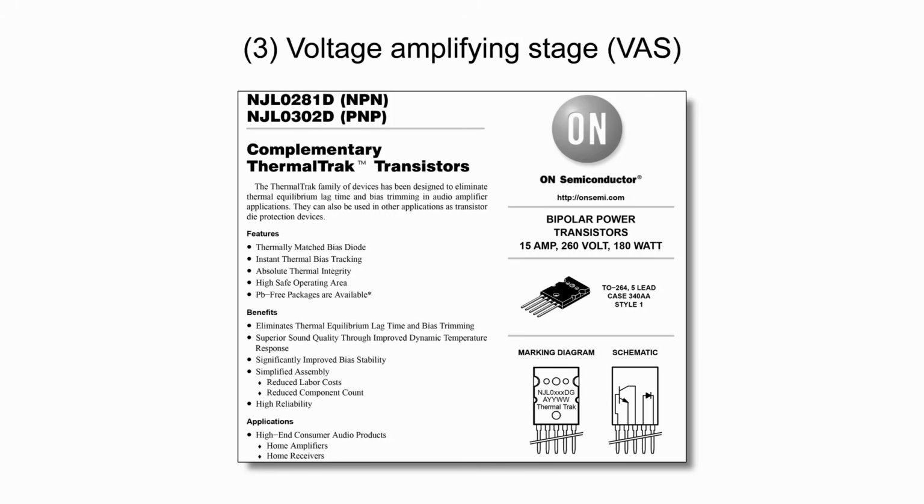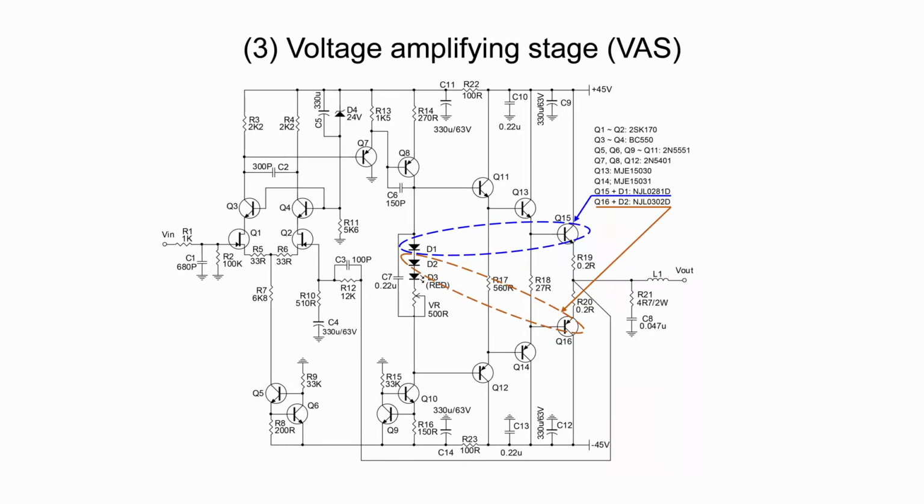Here is the front page of the datasheet for transistor Q15 and Q16. The diode and bipolar transistor are physically embedded into the same package, but they appear at different locations in the schematic. Diodes D1 and D2 are in the voltage amplifying stage, while transistors Q15 and Q16 are in the output stage.